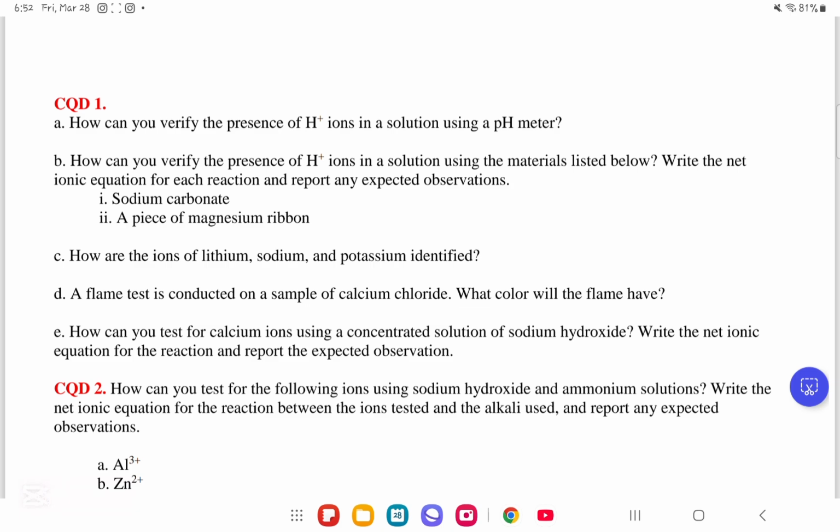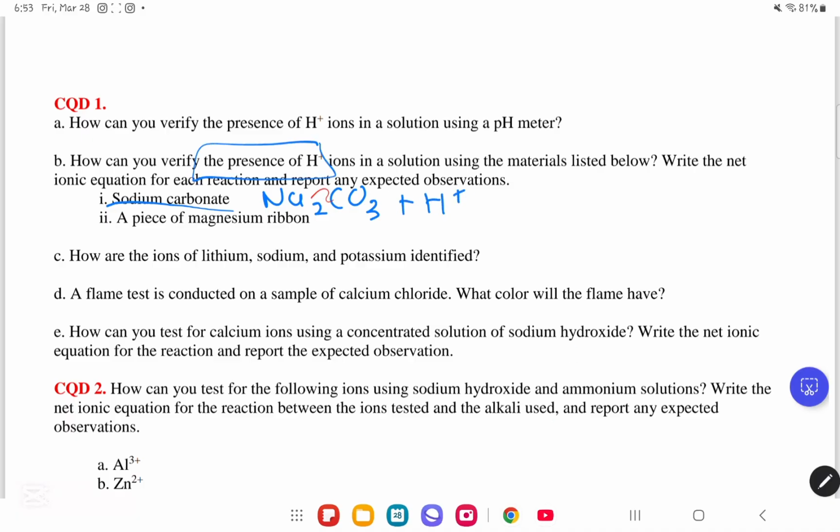Part B, how can you verify the presence of H plus ions in a solution using the materials listed below? Write the net ionic equation for each reaction and report any expected observations. So, first thing we have is sodium carbonate, Na2CO3. They want to verify the presence of H plus ions.